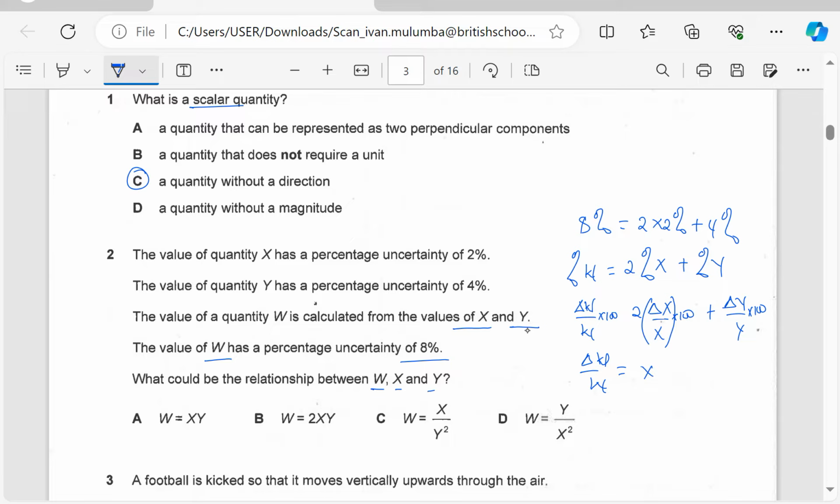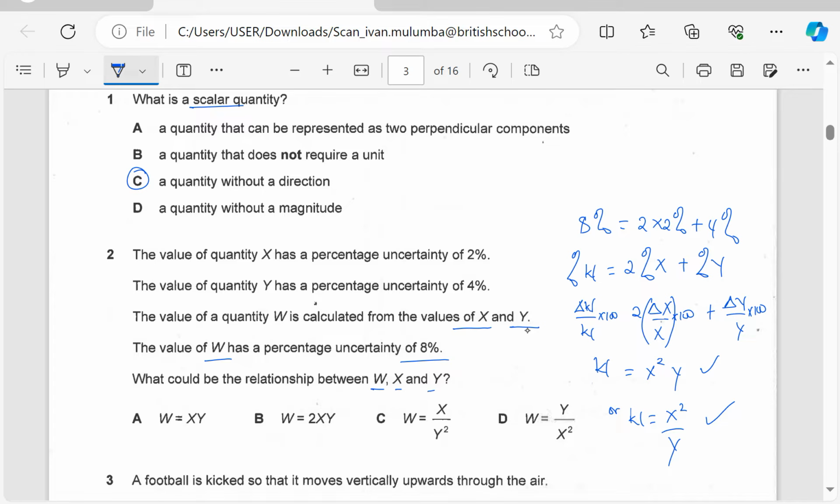So this will be X. I'm getting back the quantities. So this means W is going to be equal to X squared because of addition. By the way, this can be either multiplication, or W could be equal to X squared divided by Y. So either this or this.